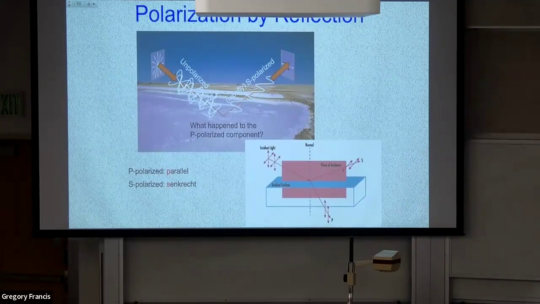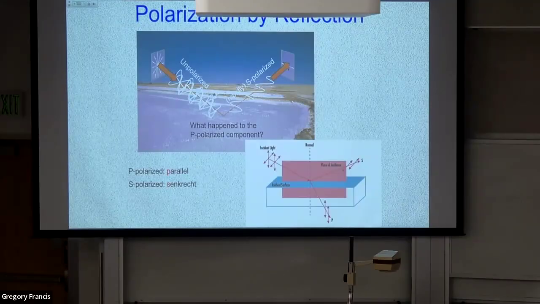Perpendicular, okay? So it's perpendicular to that plane of incidence. And it turns out that the parallel component ends up refracting, and none of it at the Brewster angle will reflect. So what we get left is just the senkrecht polarization that is perpendicular. And we can define it different ways.